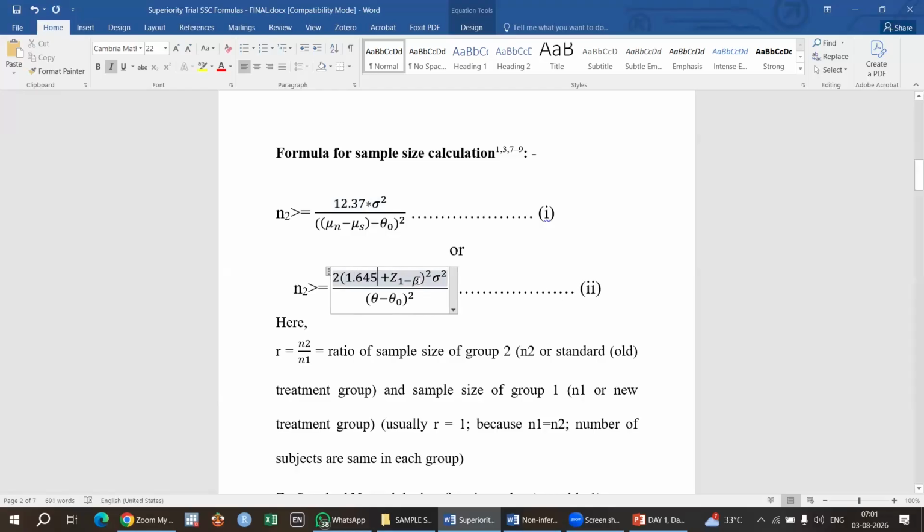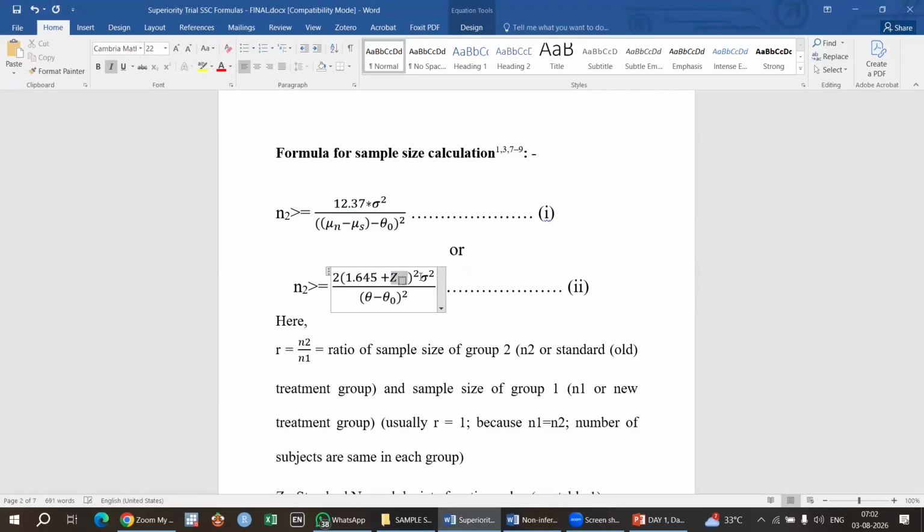And Z beta, please tell me the value of Z beta at 90% power of study. 1.282. Please add both values: 1.645 plus 1.282.